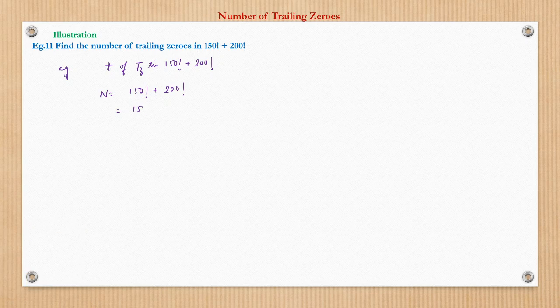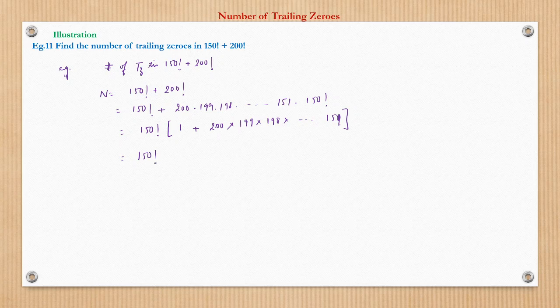We can write 200 factorial as 200 into 199 into 198, and so on till 151 into 150 factorial. So we have just expanded this up to 151, and the rest of the number would be 150 factorial. So here 150 factorial is common, and we get 1 plus 200 into 199 into 198, so on till 151.